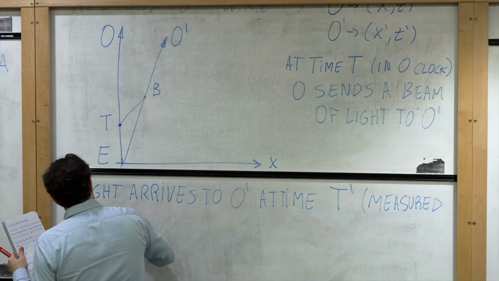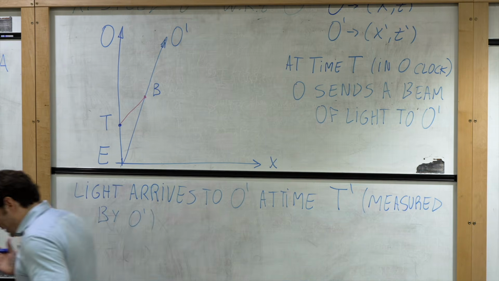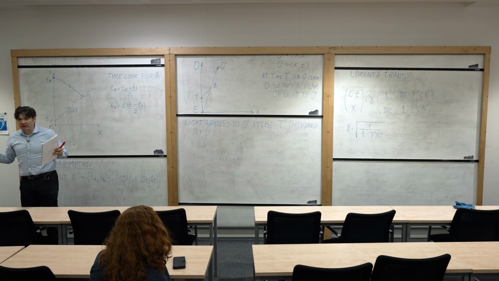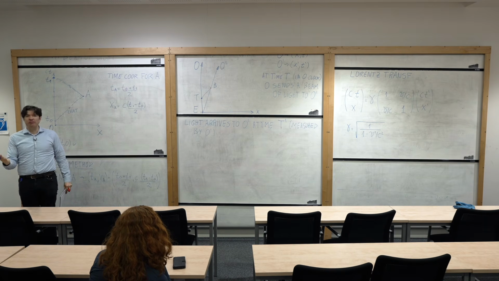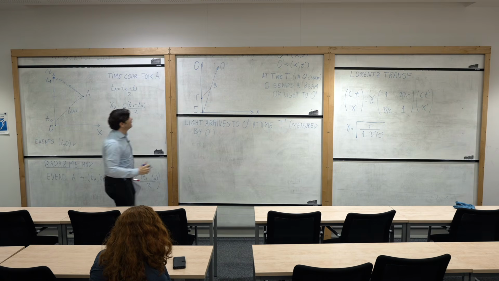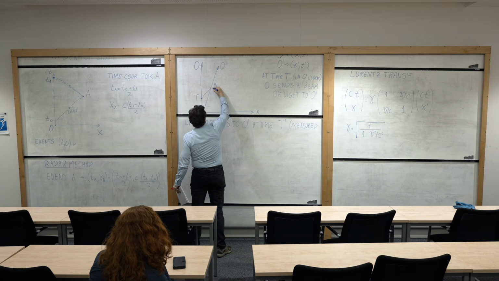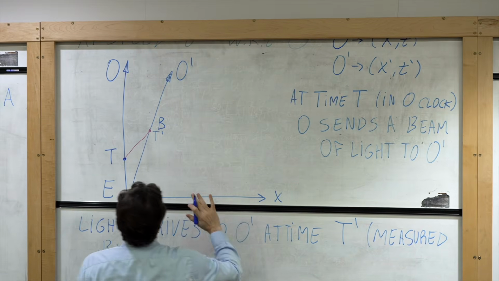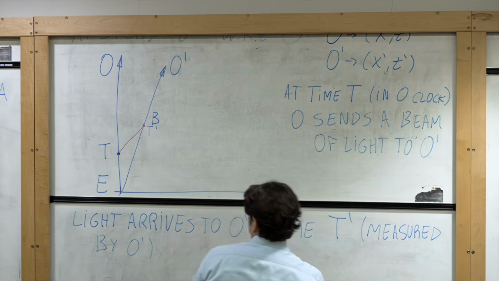So when O prime sees this light arriving to them, they look at their clock, and their clock says T prime. So this is T prime, but in the system of O prime.